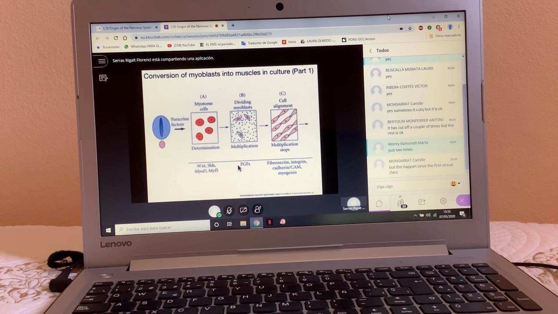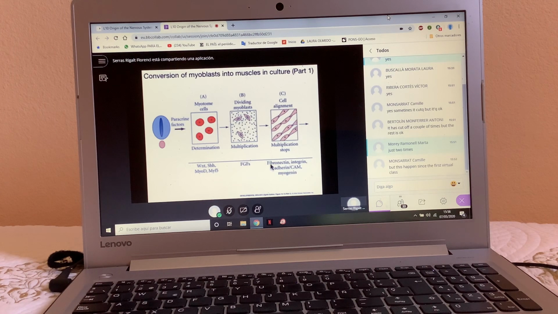Next, we'll have some FGF signaling, which is going to be important for activating proliferation, and then some other genes, among them another member of the MyoD family of transcription factors, like myogenin, which is also involved in the organization of the different muscle cells in a kind of line, okay?